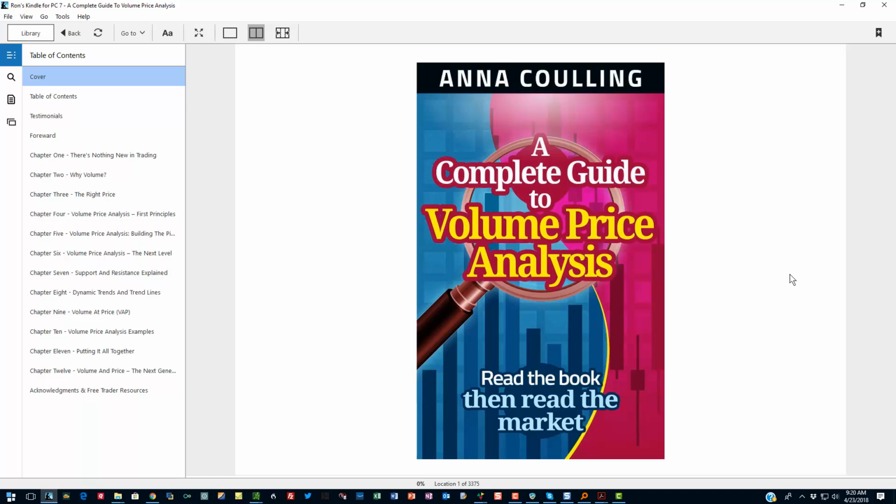Another thing Anna does is she has written this book from the perspective of the market maker or the smart money and so on, and she terms what I always termed a selling climax, where there's panic selling, as a buying climax because the market makers are buying at that point.